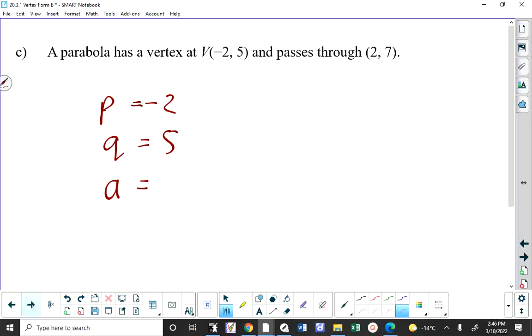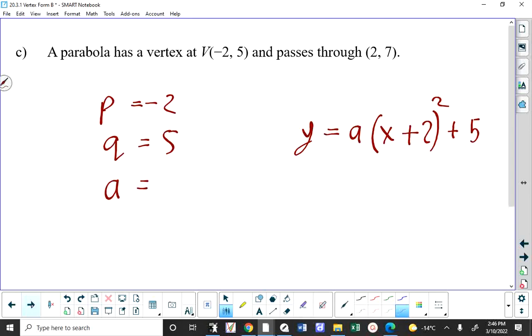But if we put P and Q into our vertex form, we'll have x minus -2 quantity squared times the A plus Q, which is 5. You know, the thing that might confuse you here is you have two points, right? You have to know which one goes in for PQ and which one goes in for XY.